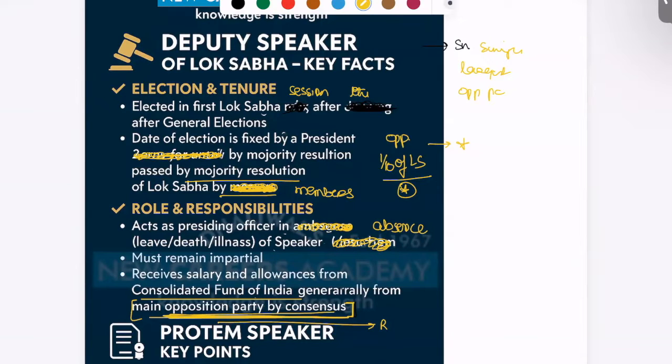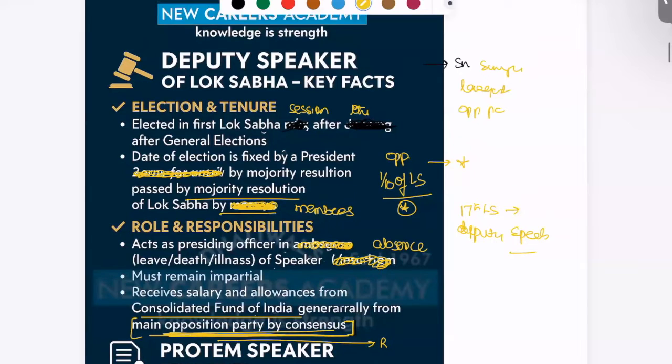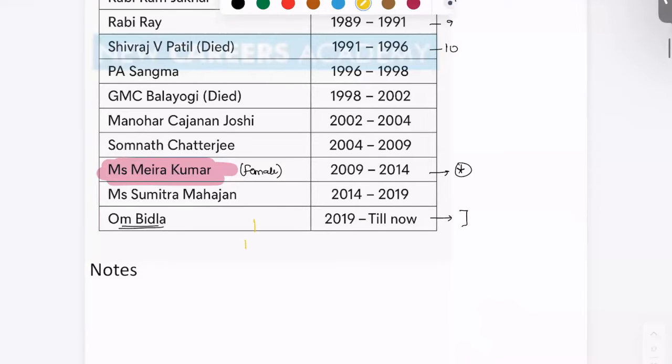Is it clear? The 17th Lok Sabha was the only Lok Sabha not having a deputy speaker. This is also important, see. It was the only Lok Sabha, and this is not given in any books. Which Lok Sabha? 17. Just remember from the 17th Lok Sabha, there was no deputy speaker.